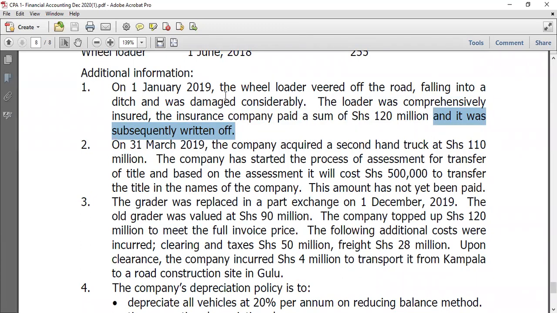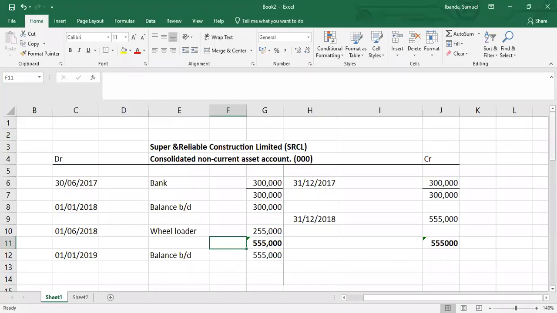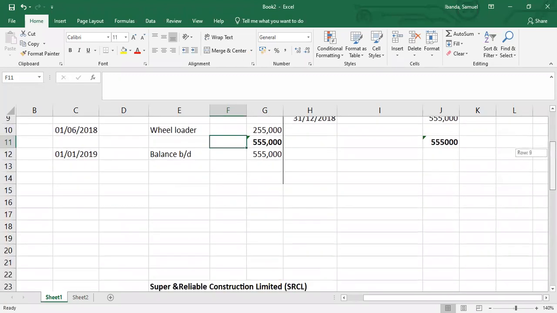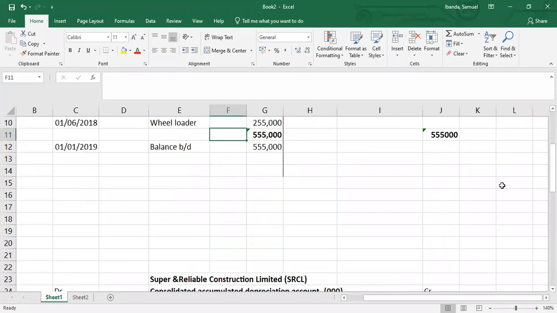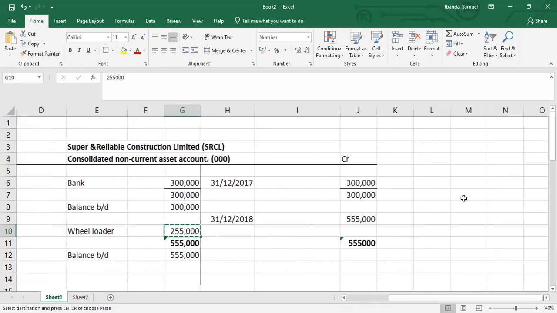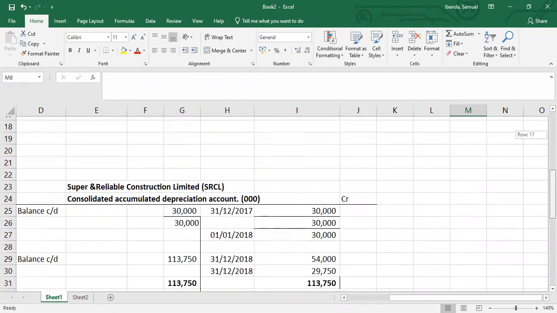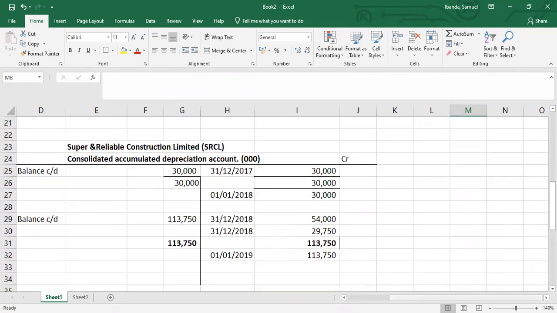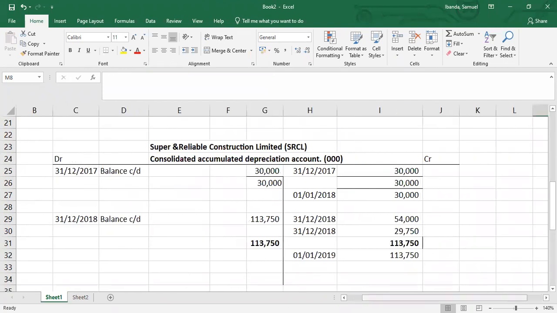Now, just to do a small test here. This loader was worth 225,250. Let me just try to do some small working here. So the loader was 255, okay? And for the time it had existed, it had only its accumulated depreciation.